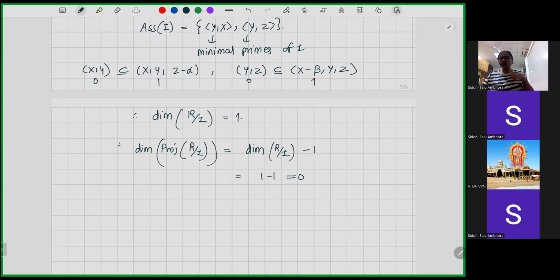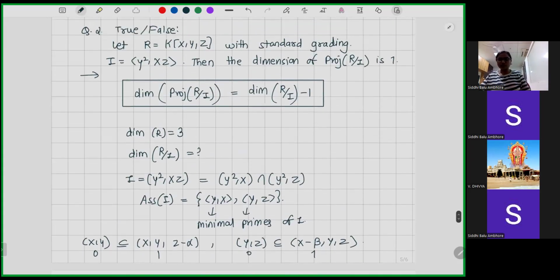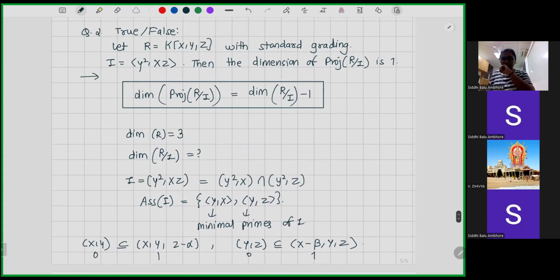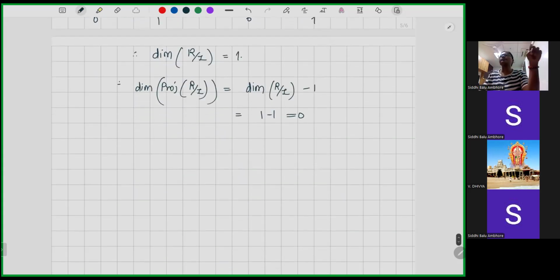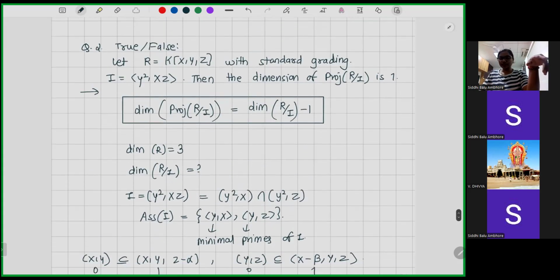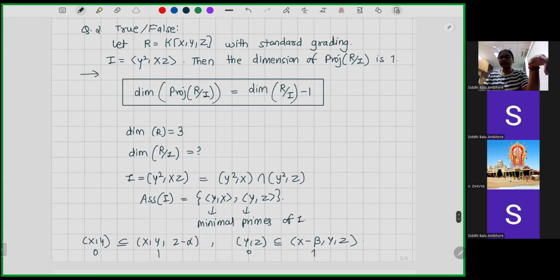And if you don't want to go for R/I, we can directly go for Proj in R. So note that the minimal prime ideals here still remain minimal prime ideals when I look for homogeneous ideals to find Proj.